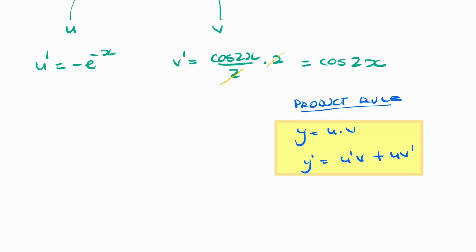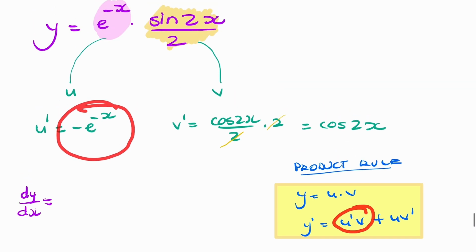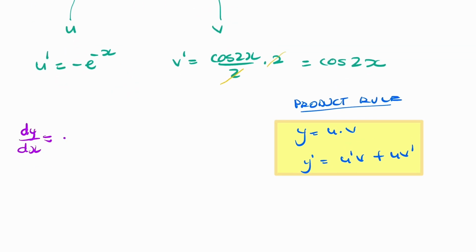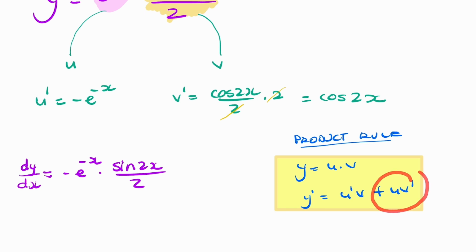And now we can write our final answer. So dy by dx is u dash v, so it's this multiplied by that. So it's minus e to the minus x multiplied by sine 2x over 2, plus u v dash.